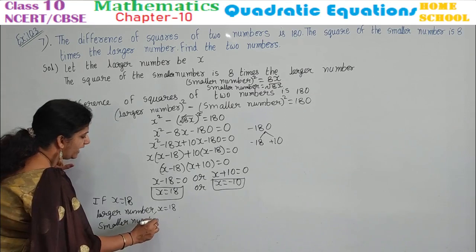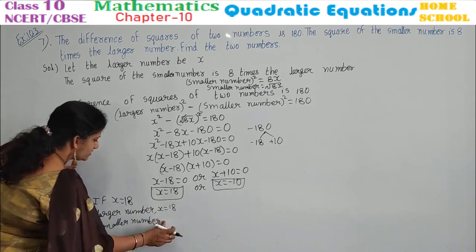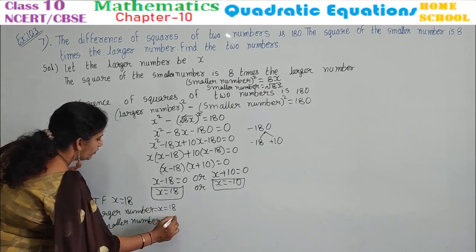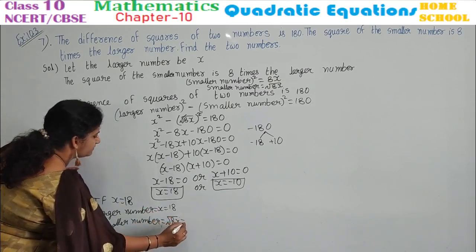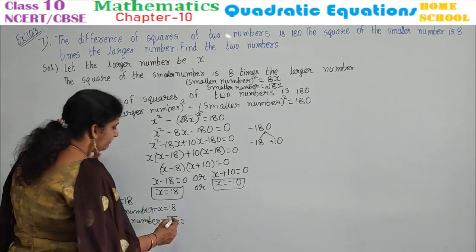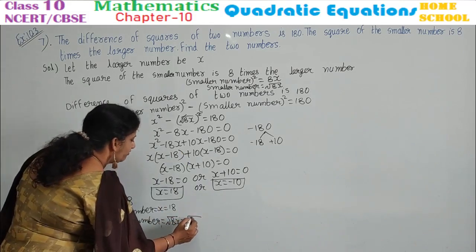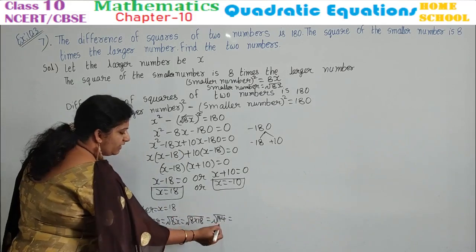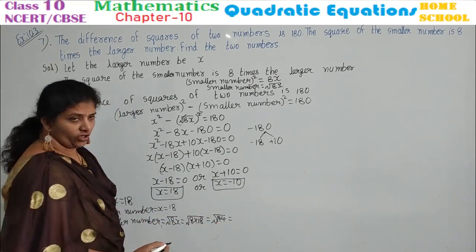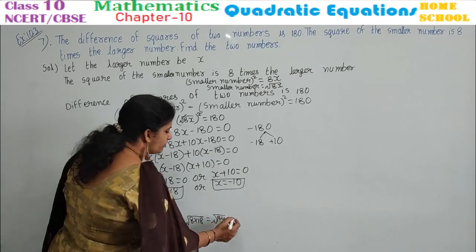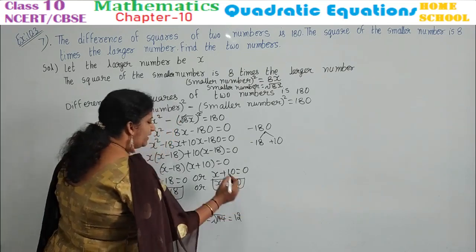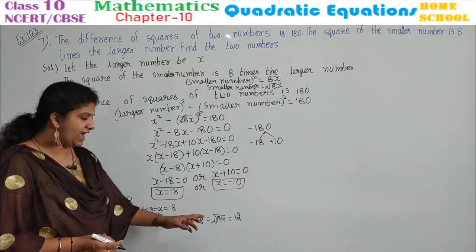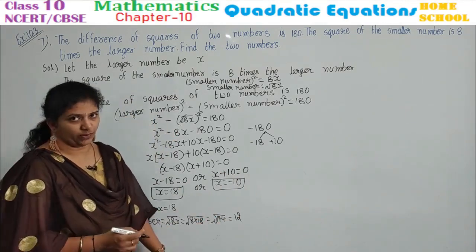Root of 8x. Now, that will be root of 8 into 18. 18 8s, it will be square root of 144. What is the square root of 144? It will be 12. So, larger number is 18 and smaller number is 12.